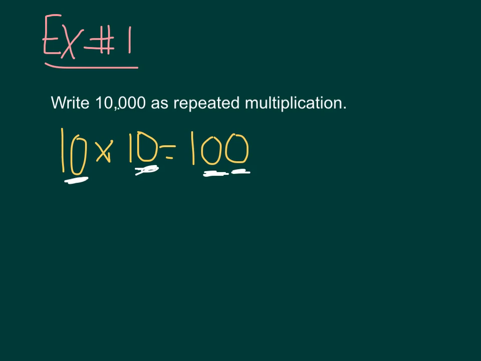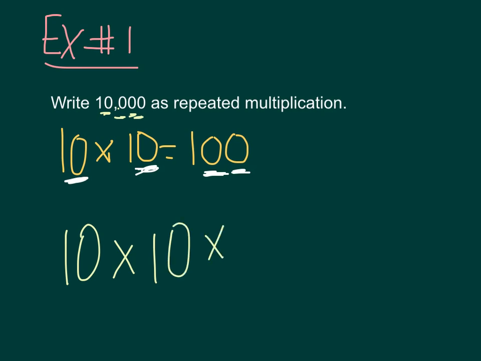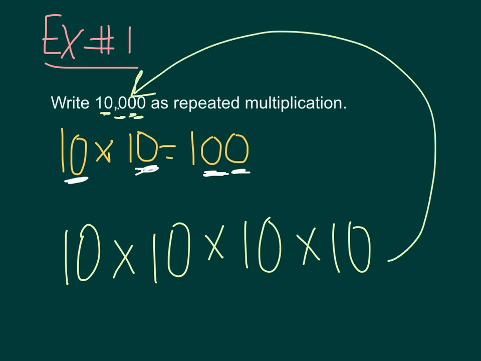If we look up at the number 10,000, we have 1, 2, 3, 4 zeros. That tells me I'm going to multiply 10 four times. So the answer would be 10 times 10 times 10 times 10. And if you were to do that, you would get 10,000 as your answer.